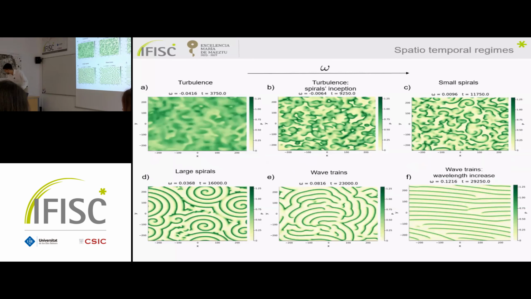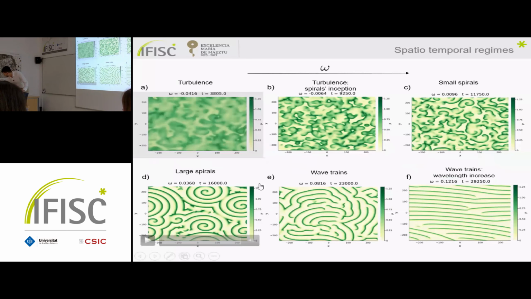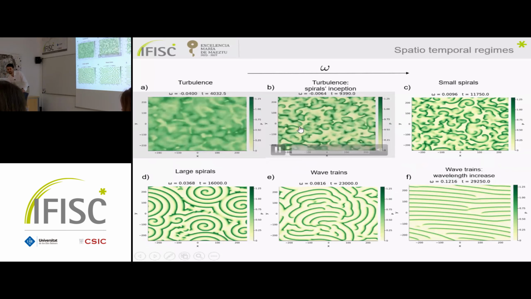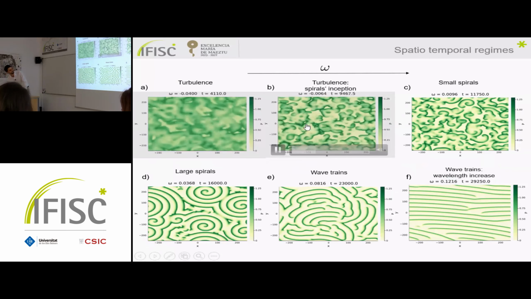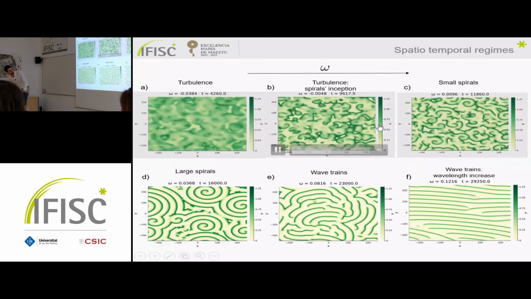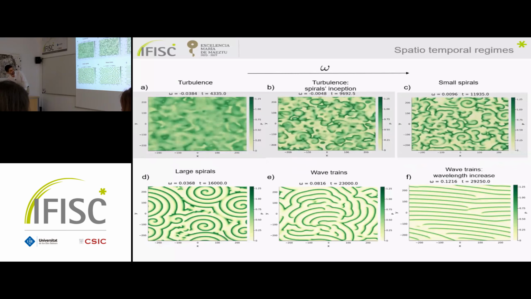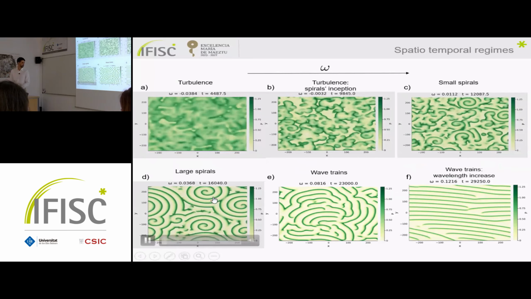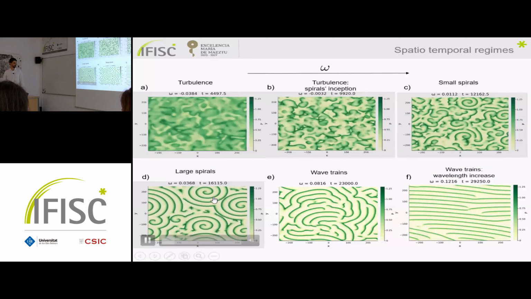So here I have some videos of the different regimes. I cannot stop too much on them, but here is the turbulence. Here we can see how these spirals start to form. These spirals, little by little, while we increase the mortality, become bigger until they almost take over the whole system.